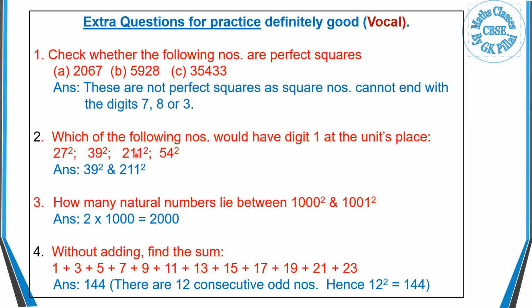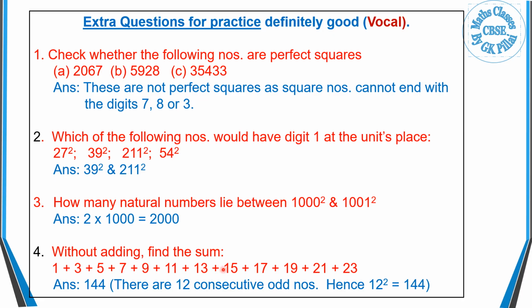So these two numbers will have 1 at the units place. How many natural numbers lie between 1000 squared and 1001 squared? There are 2 into 1000, 2000. I am repeating some of the questions because these are very important as far as your MCQs are concerned and also for 1 mark questions.